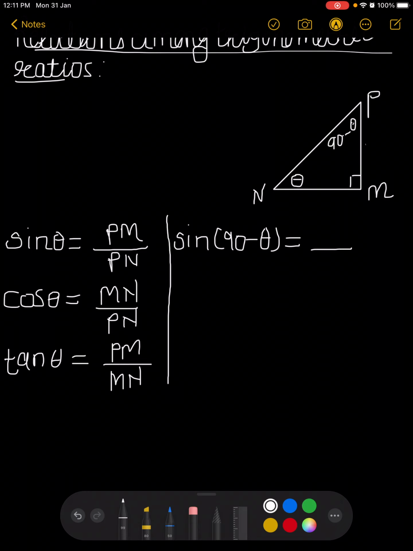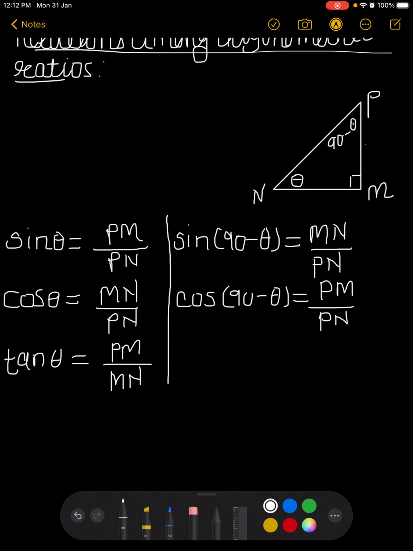So according to 90 minus theta angle measure, this is the measure of angle P. Opposite side is MN and the hypotenuse is PN, and this is sine 90 minus theta. Then we have cos 90 minus theta, second one. For 90 minus theta, the neighbor adjacent side is PM and the hypotenuse is PN: cos 90 minus theta.